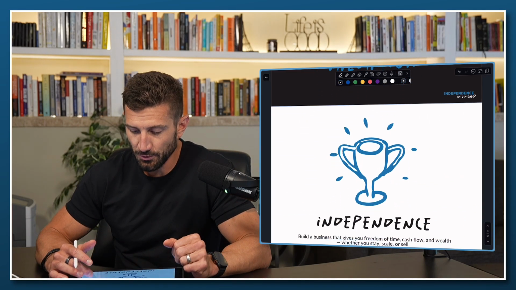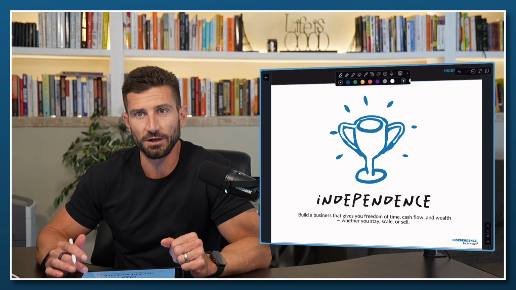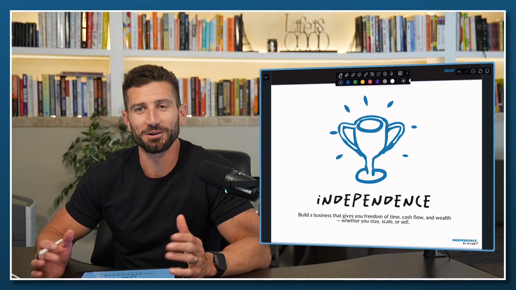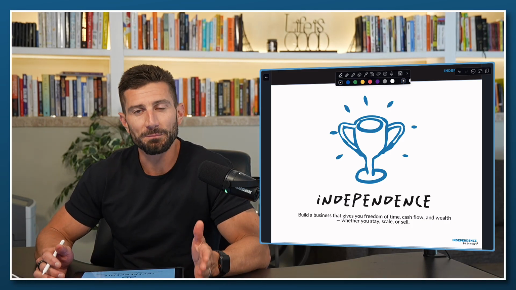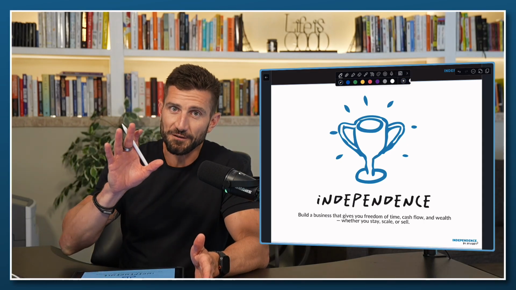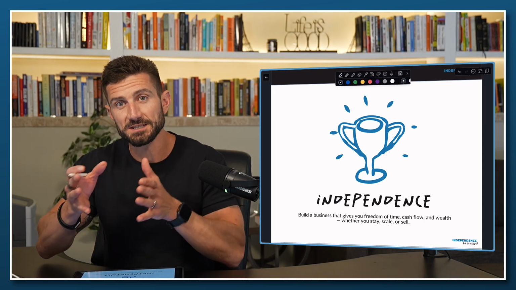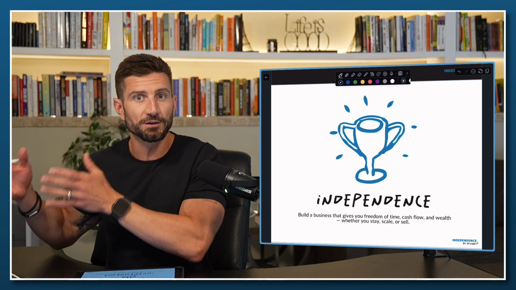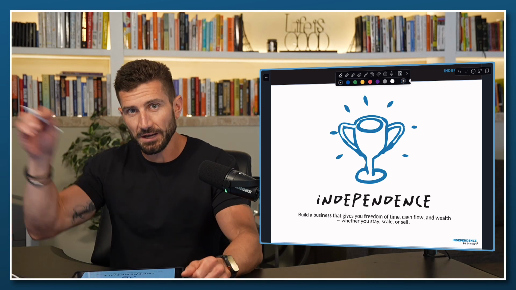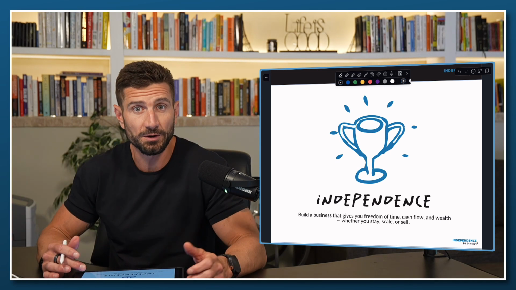But before we do, I just need to constantly orient ourselves, which is why are we thinking about all this? It's independence. We all want to build a business that gives us the freedom over time, cash flow, and wealth, whether you own the company, step back, scale, acquire, or sell. We want to make sure that you're constantly on track to having more freedom.